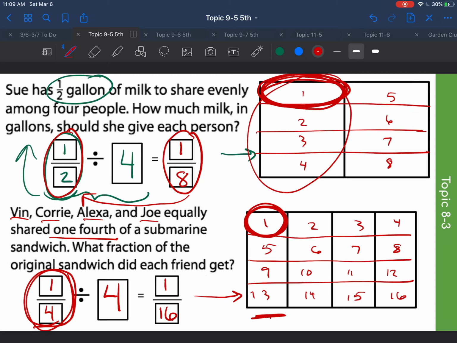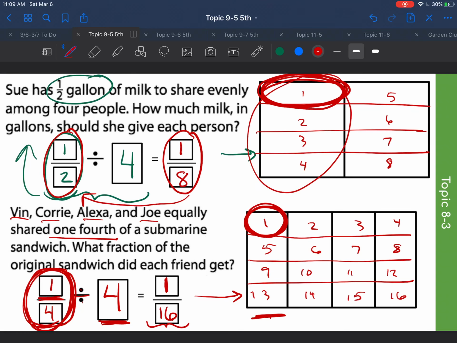Okay. So what patterns do you notice when we take the unit fraction and we divide it by a whole number? What do you notice about what we get as our answer, our quotient? All right. Well, what I notice is that when we have a unit fraction, when the numerator is 1 and we divide it by a whole number, our fraction is obviously going to be less.